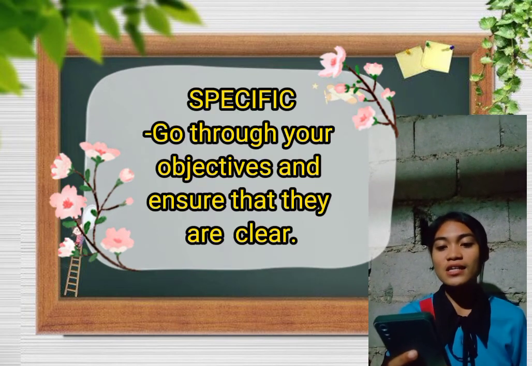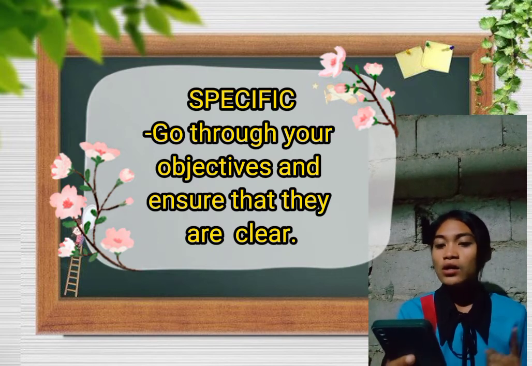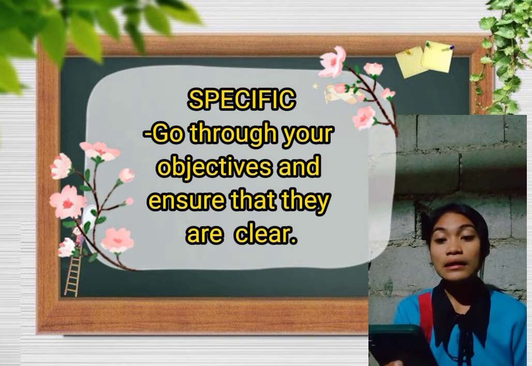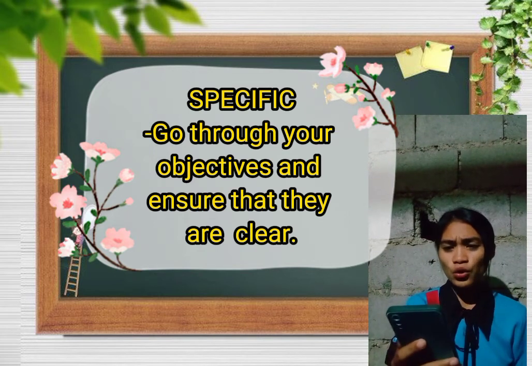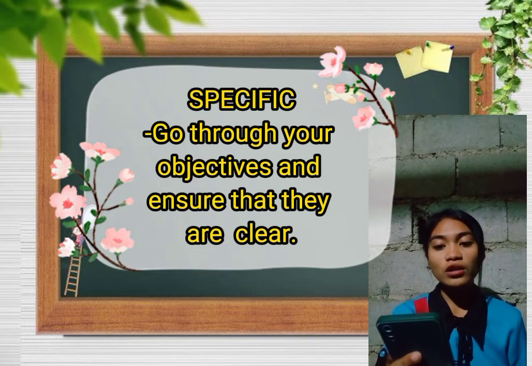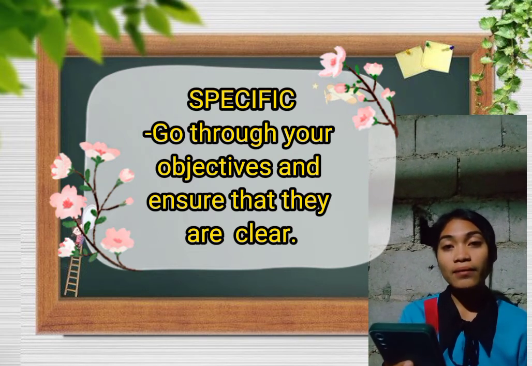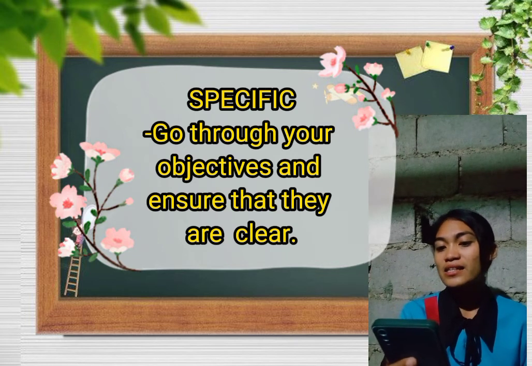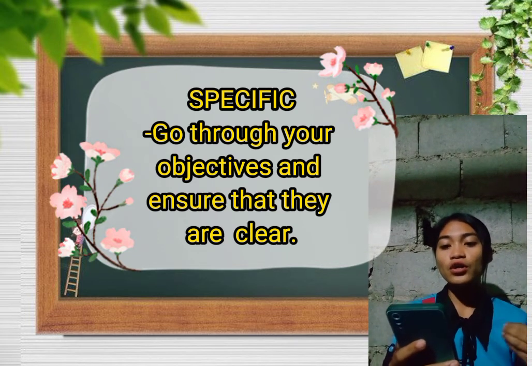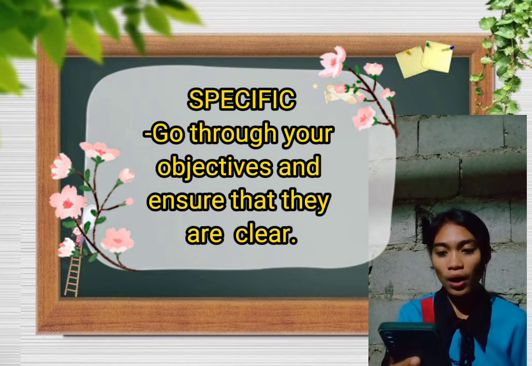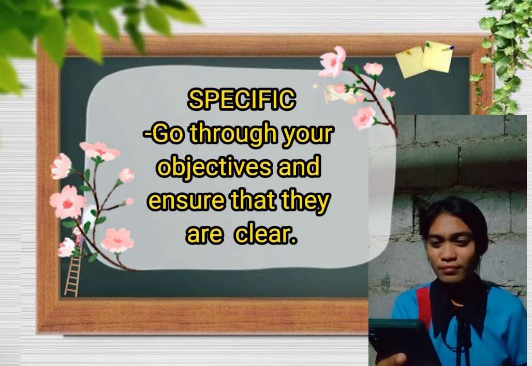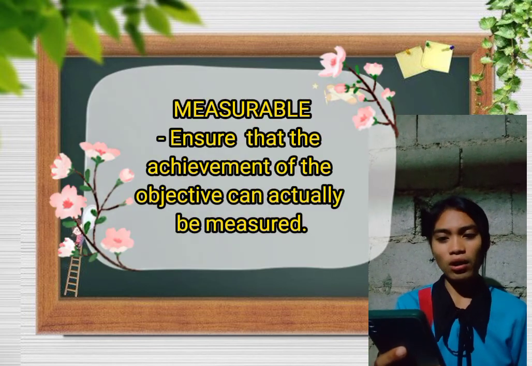First is specific. Go through your objectives and ensure that they are clear. Make sure that your learning objectives and the expected outcomes of the students' learning, attitudes, skills, and knowledge that they are expected to demonstrate after undergoing a given training program are very specific and clear. Next is measurable.